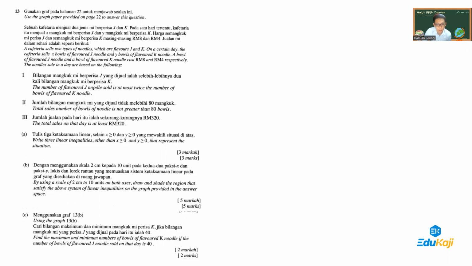So number of flavored J noodles is at most twice the number of bowls of flavored K noodle. So X is for J noodles, is at most, means is less or equal to twice the number of flavored K noodles, so 2 times of Y.